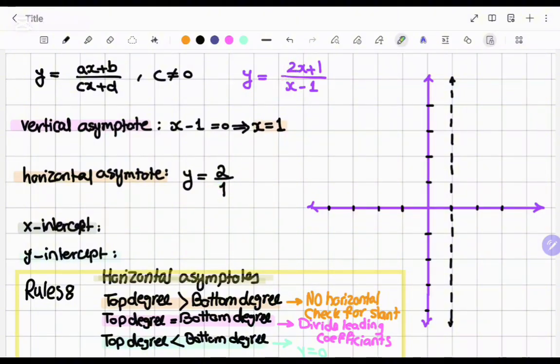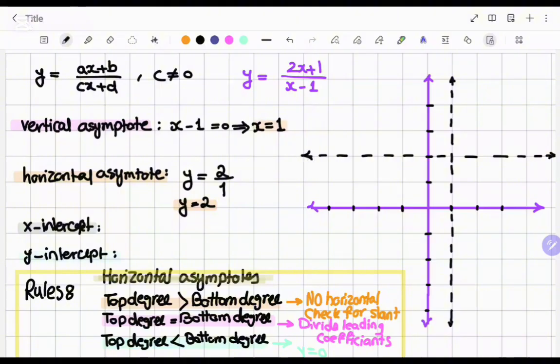So 2 over 1, that is 2, is going to be my horizontal asymptote. Then I'm going to graph it dashed, because the graph is never going to go through it. It's just going to get so close to it. So y equals 2 is this line over here, and I'm going to graph it dashed like this.